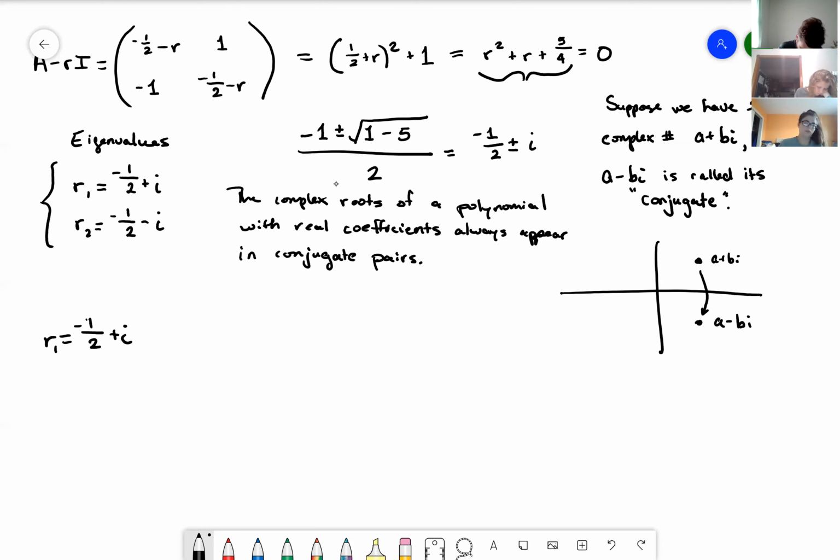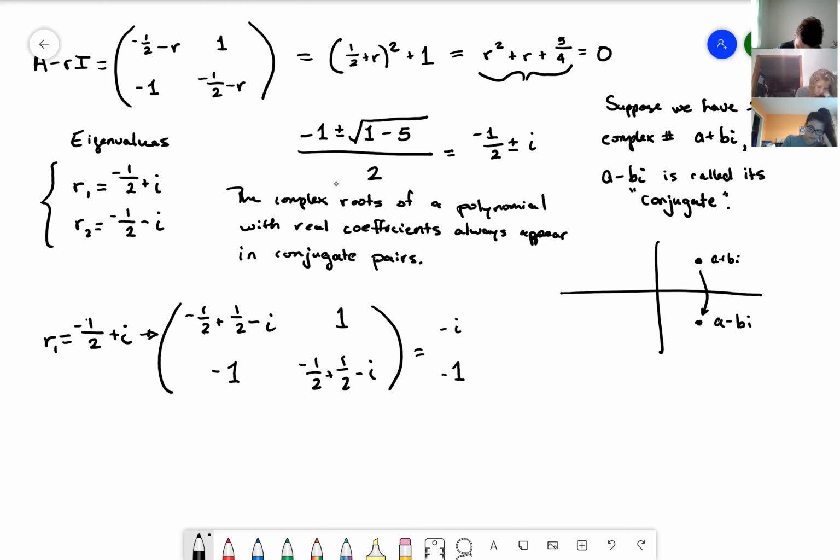So we have our matrix as -1/2 minus r, so that's -1/2 minus (-1/2 plus i), sorry, minus i, should be minus i. -1, 1, and -1/2 minus (-1/2 plus i). So what we get from this is the matrix [-i, 1; -1, -i].